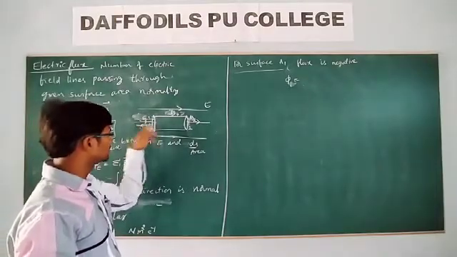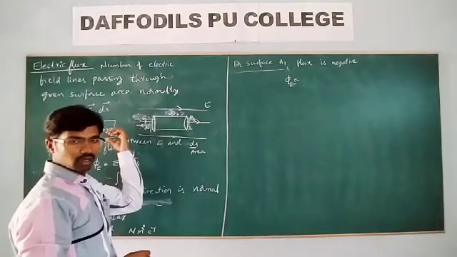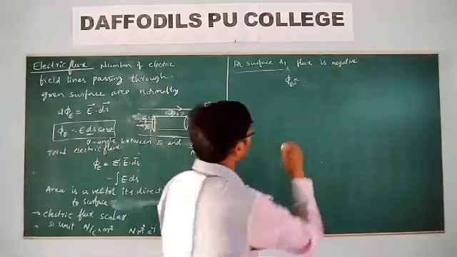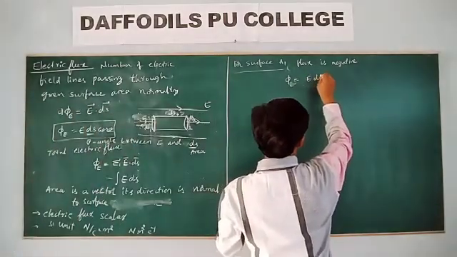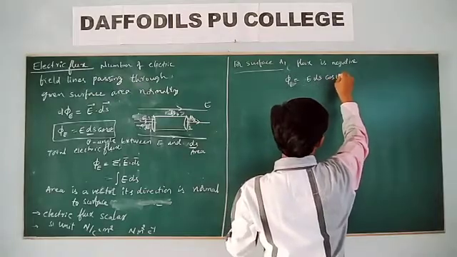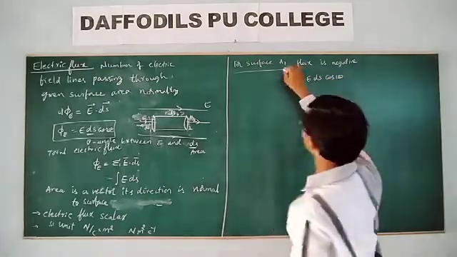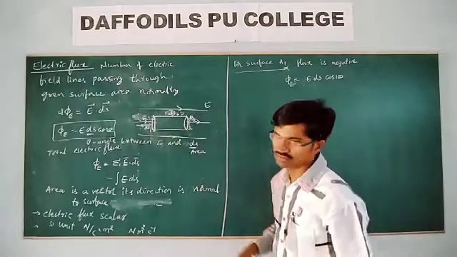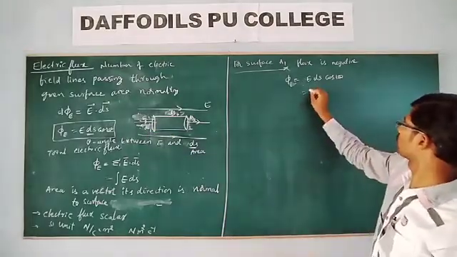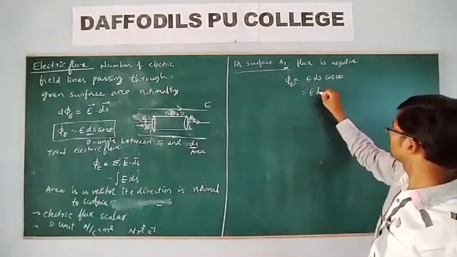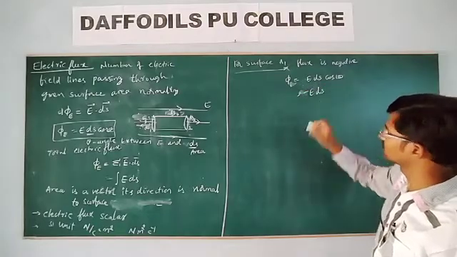E is inward and the area vector is outward, so the angle between them is 180 degrees. Flux phi1 is E ds cos 180, which is minus E ds.